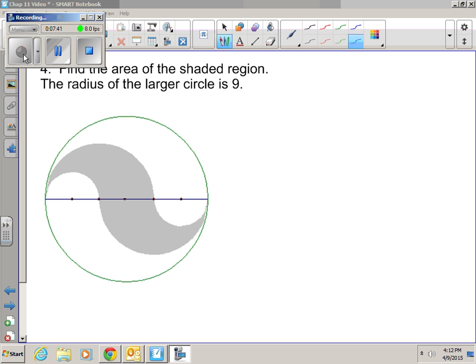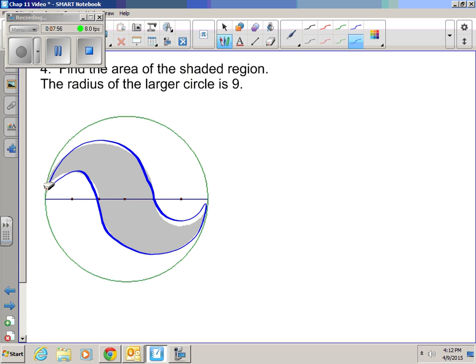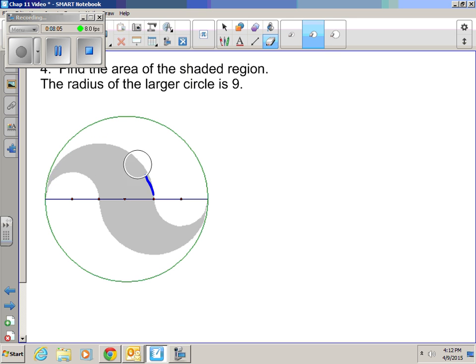Okay, let's just do one of these weird shapes, to help you figure out what's going on. We need to find this shaded region, and we don't have a formula for that kind of Nike sign that got stretched a little bit. However, let's take a close look here and notice that I have a large circle with a radius of 9, and these are all equal: 3, 3, and 3.